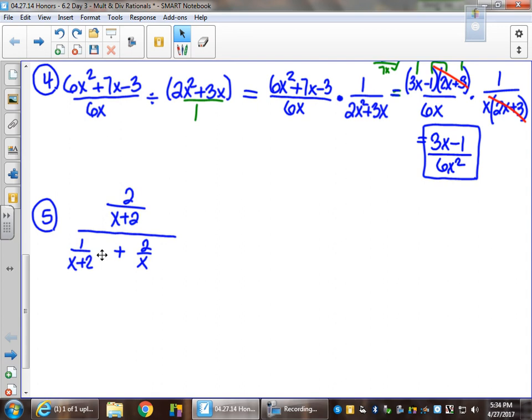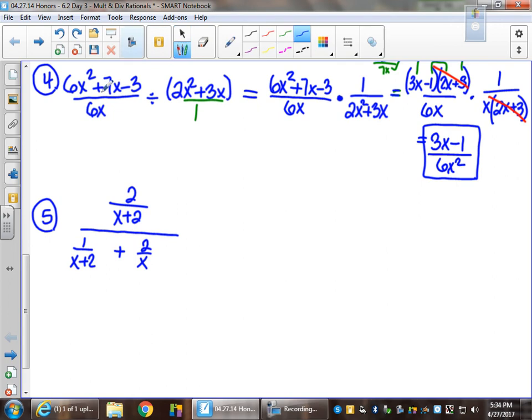Just going to center this a little bit. So the first strategy is actually to do this addition first.